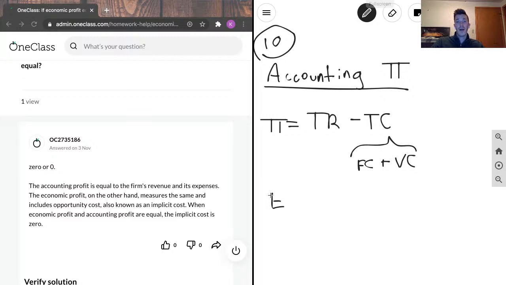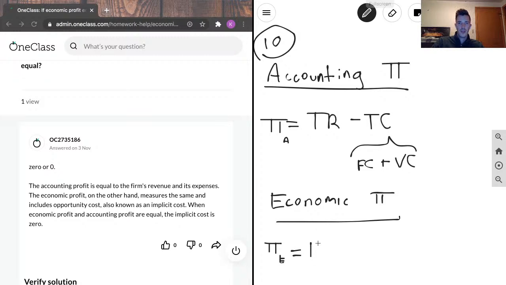On the other hand, we've got our economic profit. I'll denote this profit A, and this profit E. We've got our total revenue, just like we do with the accounting profit, again minus our total cost.